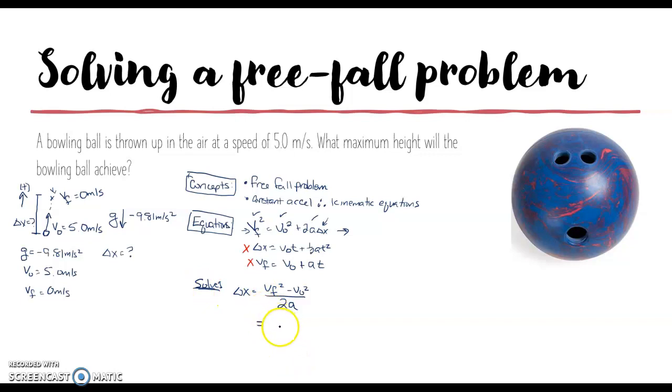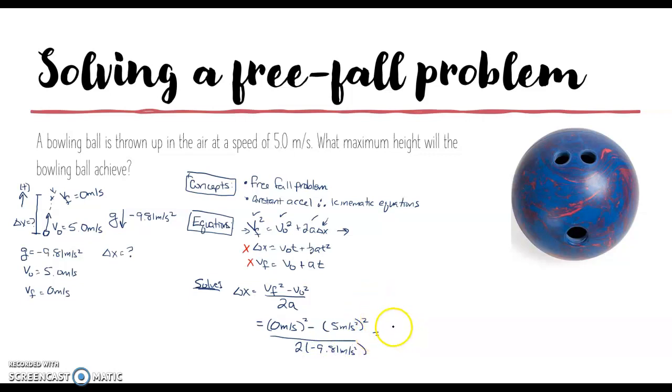So now I have this equation, and I'm going to plug in my numbers. This will be 0 meters per second for my Vf, minus the quantity 5 meters per second, and I have to square that, don't forget to square the whole thing, divided by 2 times negative 9.81 meters per second squared.